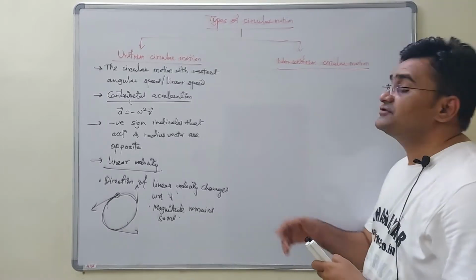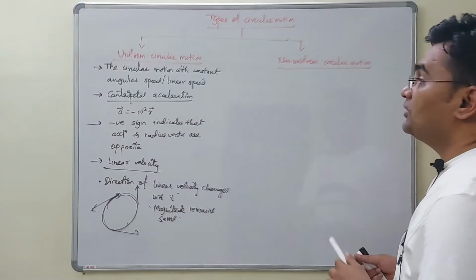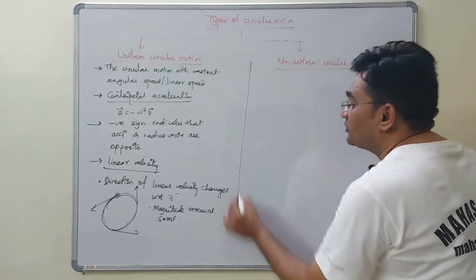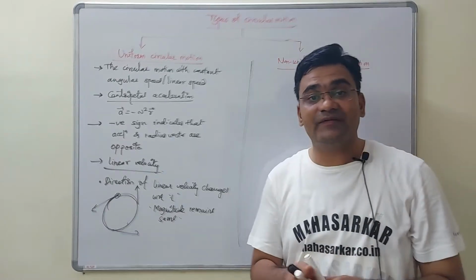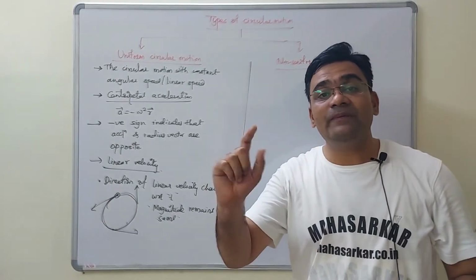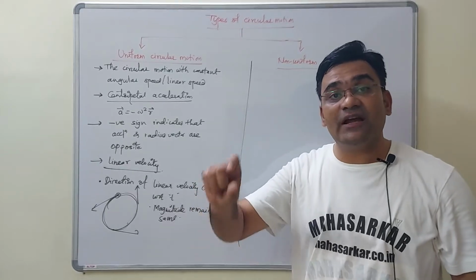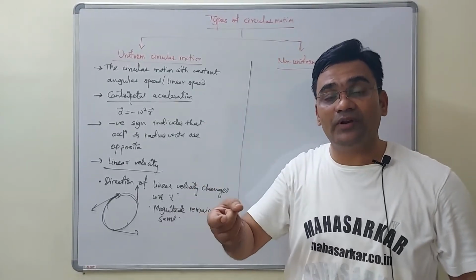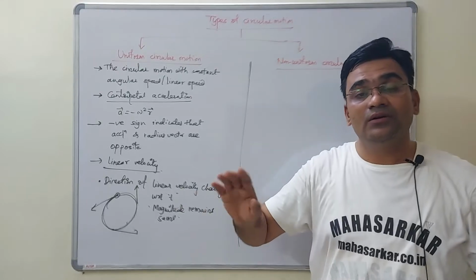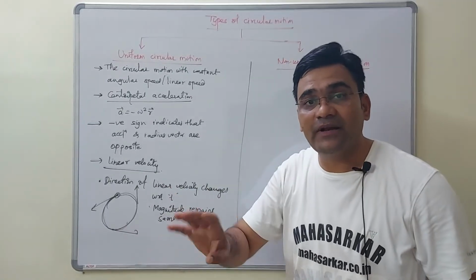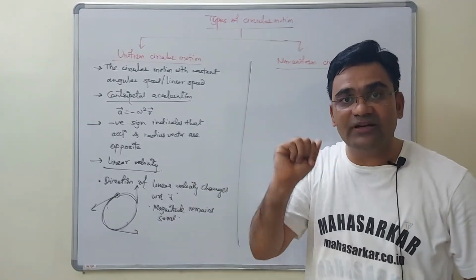Now let's discuss non-uniform circular motion. What is going to happen in non-uniform circular motion? Suppose in the same previous example, I am rotating the regulator of the fan continuously from 1 to 3, 3 to 1, 3 to 4, then 5. I am continuously changing the knob of the regulator.